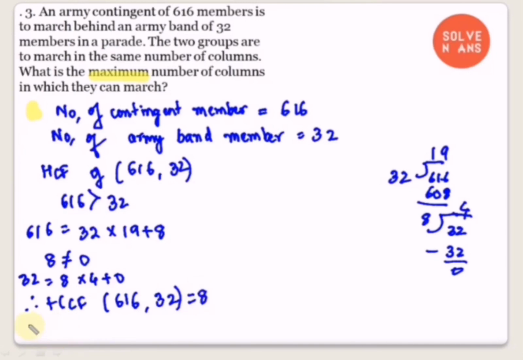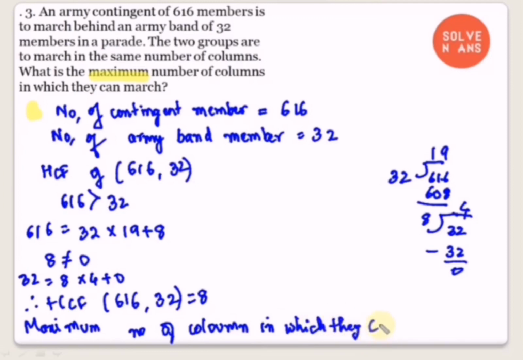So the maximum number of columns in which they can march is 8. This was the way you do this sum.